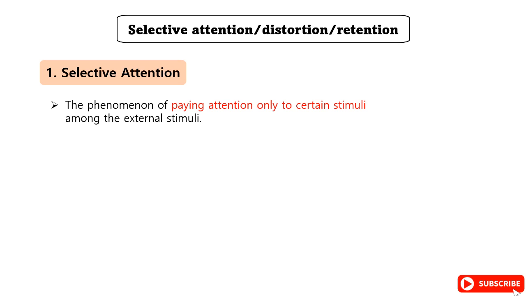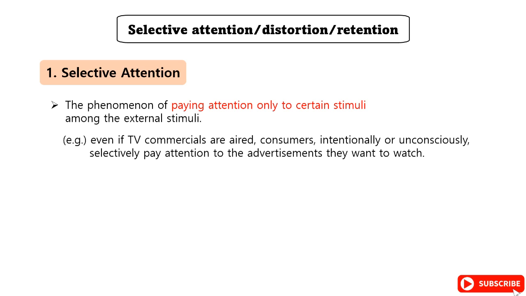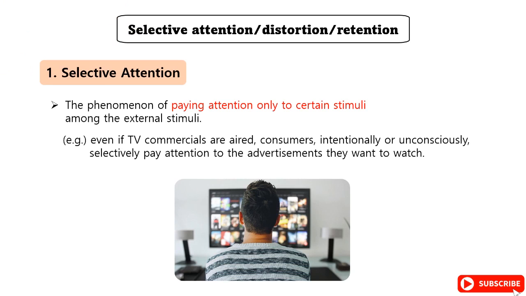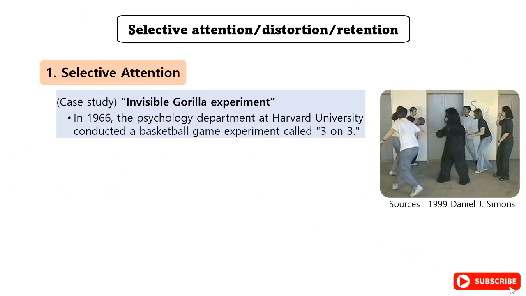Selective attention refers to the phenomenon of paying attention only to certain stimuli among the external stimuli. For example, even if TV commercials are aired, consumers, intentionally or unconsciously, selectively pay attention to the advertisements they want to watch. A famous case that illustrates selective attention is the invisible gorilla experiment.